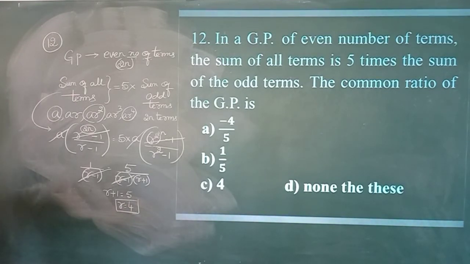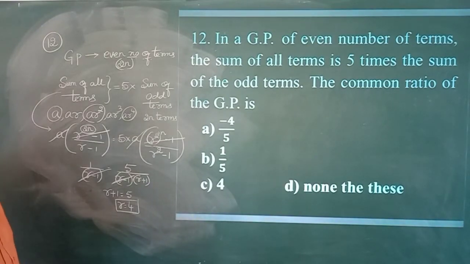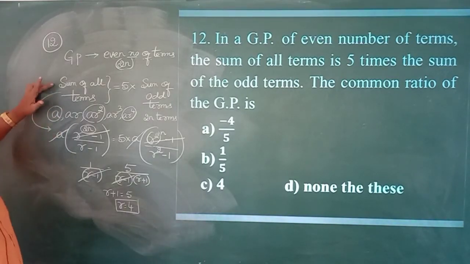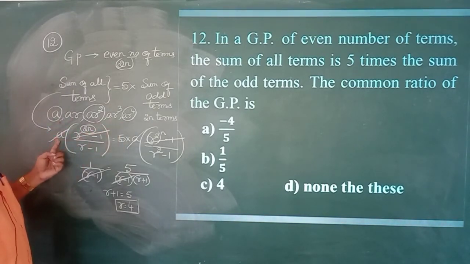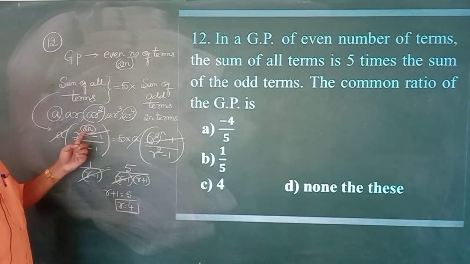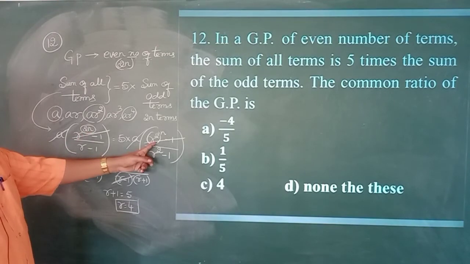If the common ratio is 4, then the sum of all the terms is equal to 5 times the sum of odd terms. So here this is the general sequence, a into r power, instead of n we have written 2n, nothing but 2n terms. So here the common ratio of odd terms is r square.